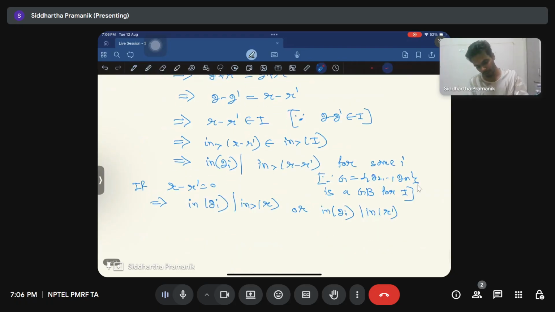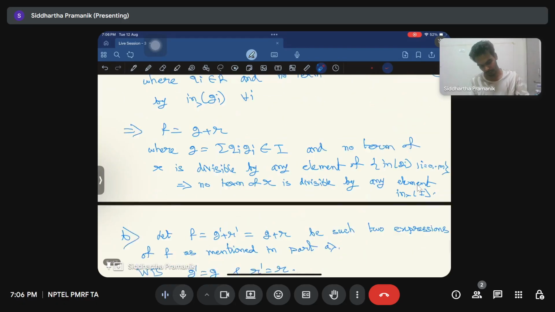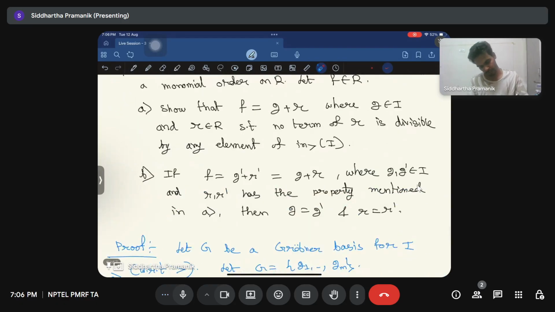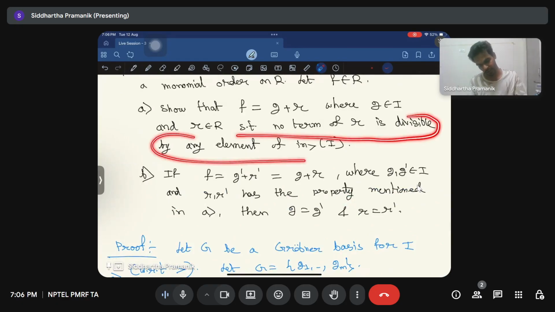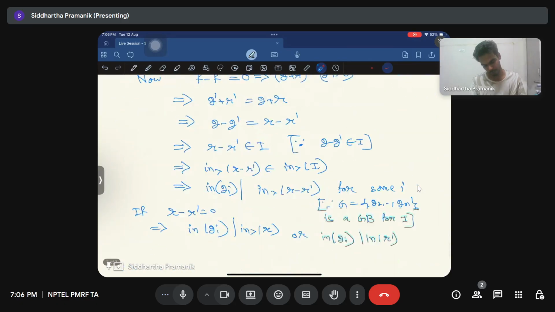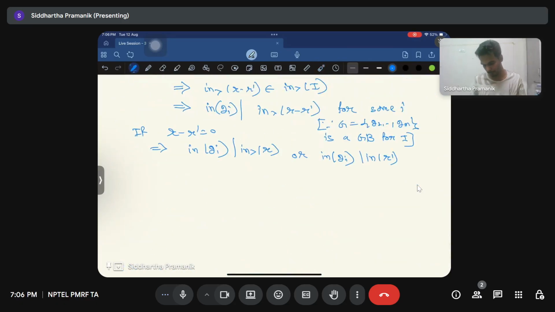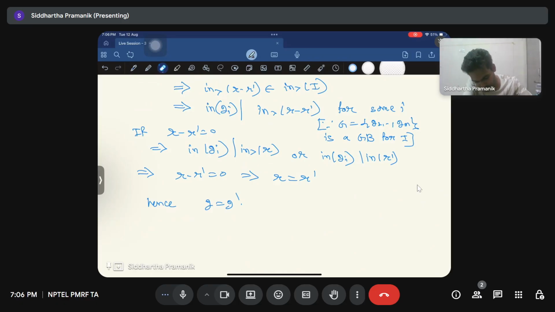But neither case happens because of the property in the first part: no term of R is divisible by any element of the initial ideal of I. So that implies R minus R prime has to be 0. That means R equals R prime. And if R equals R prime, then G has to equal G prime. So we have proved the uniqueness also. Actually, I need to write that.